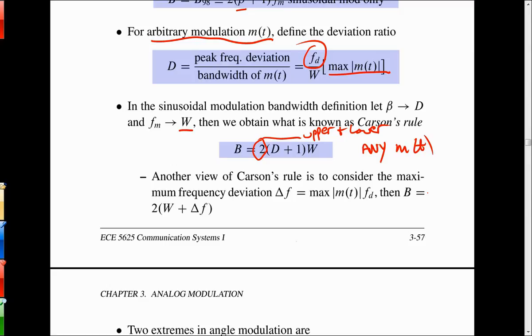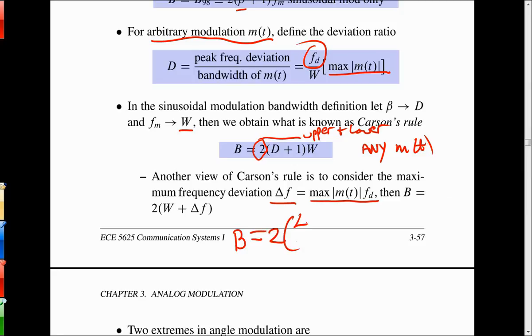Now, another view of Carson's rule is to look at it in terms of just the peak frequency deviation all by itself, just delta f, which was maximum m of t times fd. I'm just going to show you that these two equations are equivalent, and it's not that complicated.